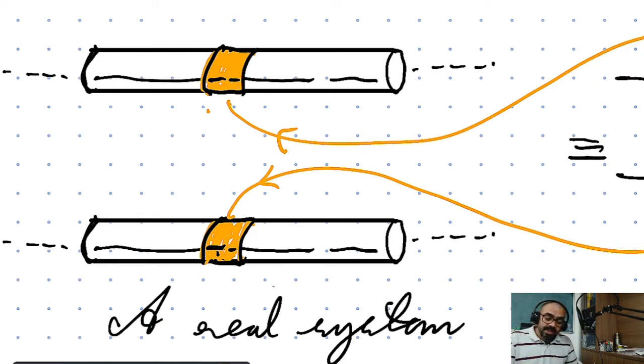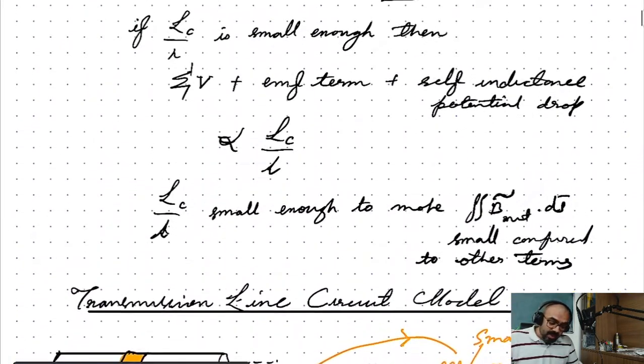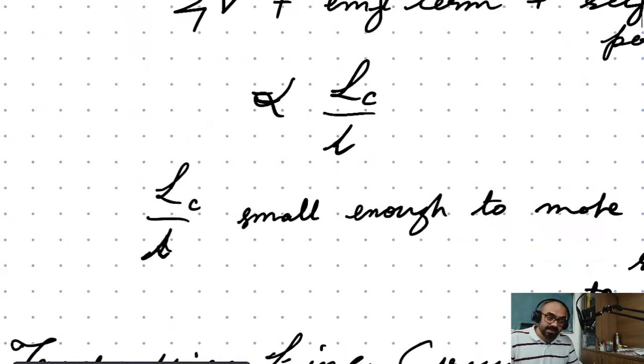There would be additional leakage and Joule heating related resistance and conductances as well. How exactly will we assign a circuit model to this system? You cannot assign just one inductance to the entire wire. The reason is that the loop size will then not obey this approximation.